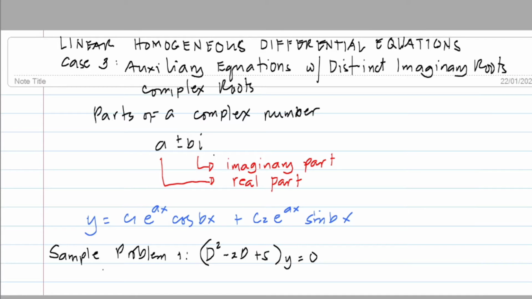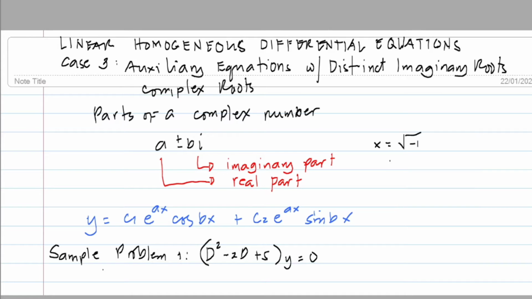So, kung maalala nyo pa, yung parts of a complex number, the complex number has imaginary part at saka yung real part. Paano ba tayo nagkakaroon ng complex number? Kapag nagkaroon ng square root yung negative number. For example, x is equal to the square root of negative 1.